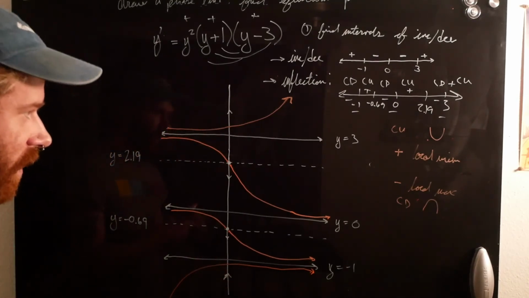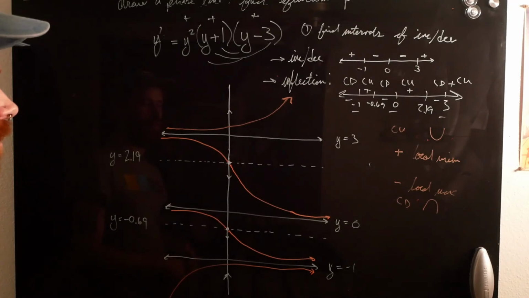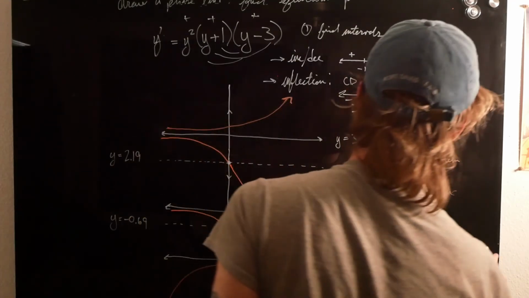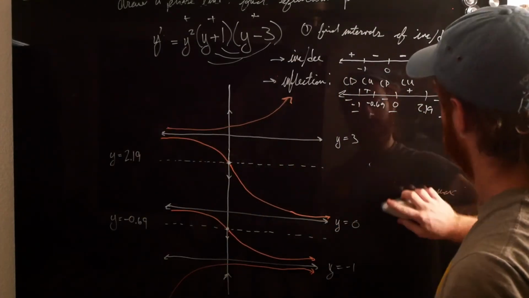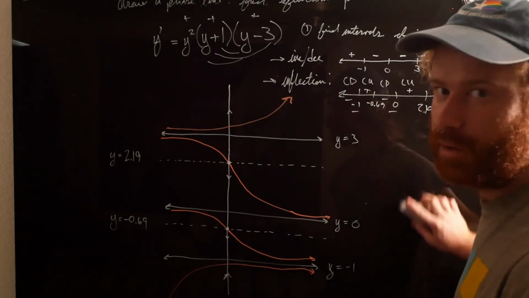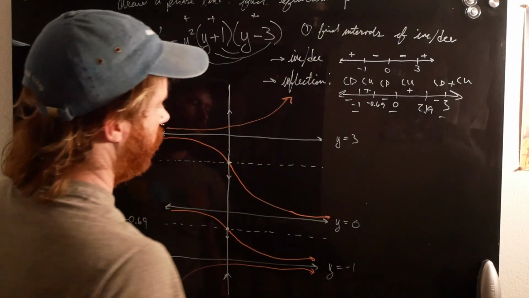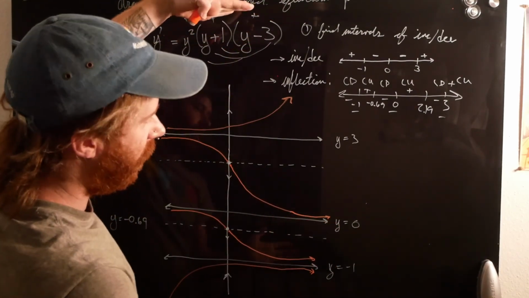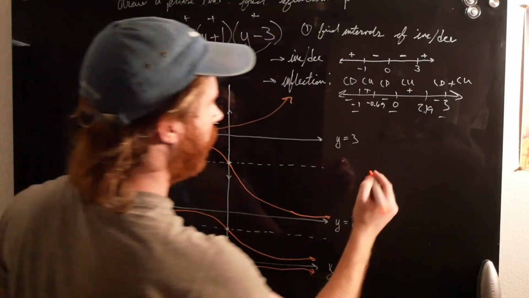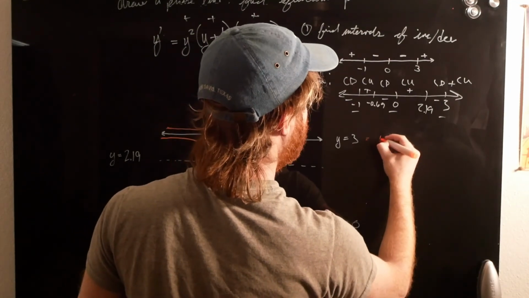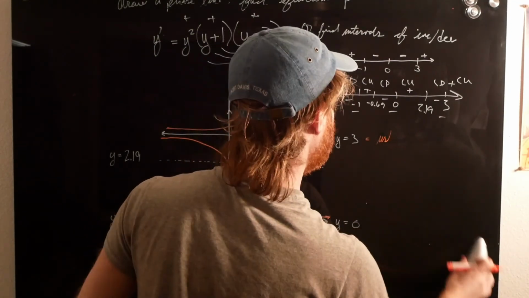So now we can see what is stable and what is unstable. There is an example of each: stable, unstable, and semi-stable. At y equals 3, this is unstable because the solutions on both sides move away from y equals 3.